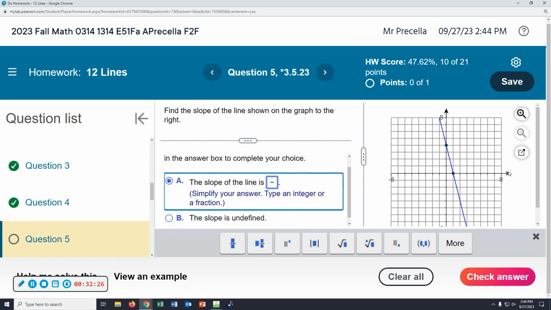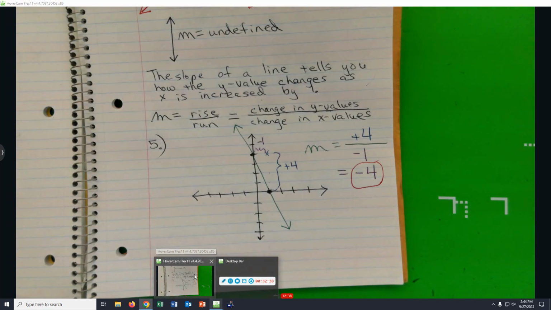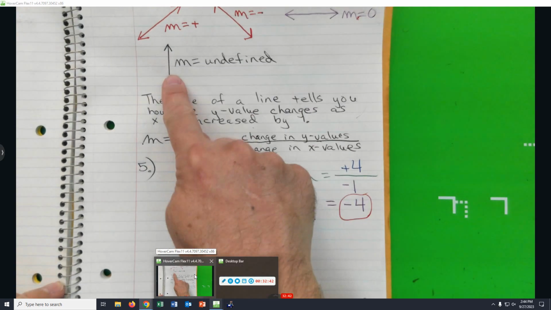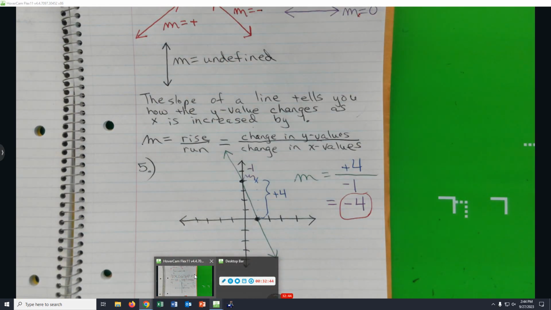Look at option B. The slope is undefined. If the answer had been option B, what sort of line would we have needed? A vertical line. And the graph is not a vertical line. Vertical line, undefined slope.